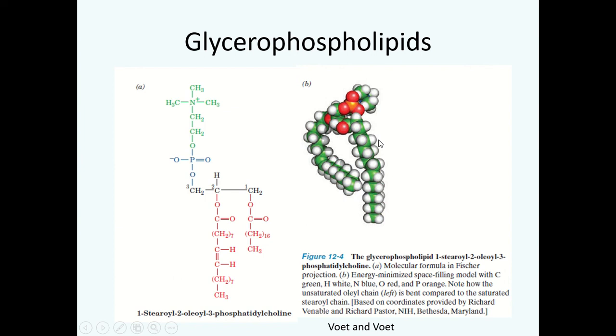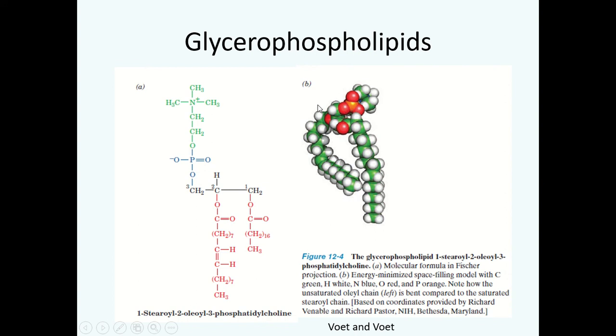This is another representation of the molecule shown here. This is a space-filling representation. This is the fatty acid attached to carbon number 1, and this is the fatty acid attached to carbon number 2. So you can, in this structure, clearly see the kink which is produced because of the double bond. This part here is the phosphate, and the choline part is represented here.